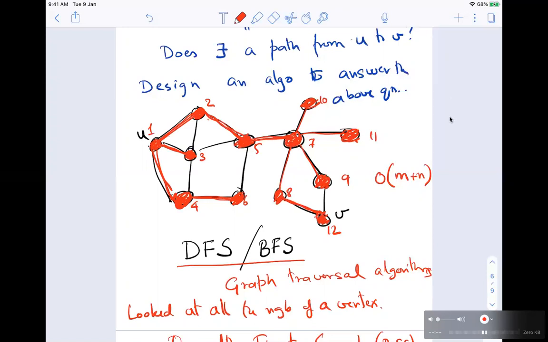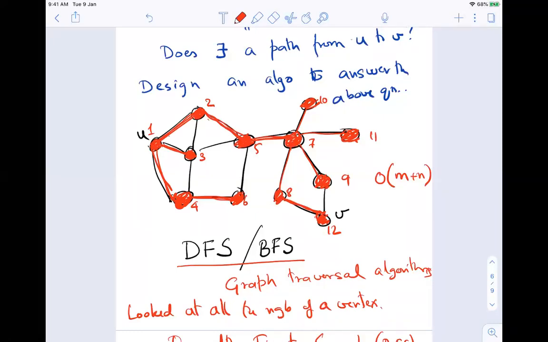Do you have notes of your last discrete math course, DFS, BFS? Sir, in the previous semester, we were told to read from a book, and they only said to read the BFS and DFS introduction, not too much.